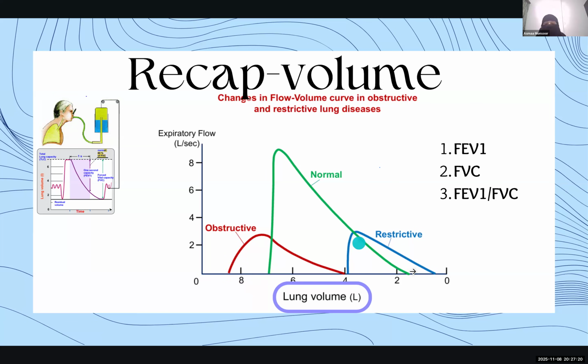Whereas for restrictive diseases, okay, what happens is the lung tries to collapse on itself. Okay, that's the problem. There is decreased compliance in restrictive diseases, right? So the lung tries to collapse on itself. So when you want to exhale, the lung will collapse, which will push air quickly outside the lungs when it's exhaling, and so you have this increased slope or the sharp peak.